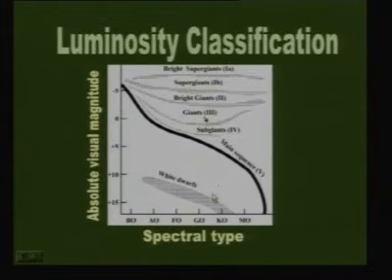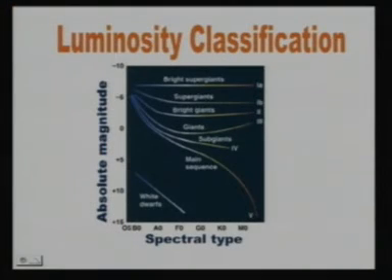The Sun belongs to class G2, and to say that it is on the main sequence, we say it is G2V. It indicates that it has a temperature of around 6,000 degrees and it's a main sequence star. When I say G2V, it gives me complete information. If I say G2I, it gives me complete information that the star has such temperature and it also belongs to a supergiant class.